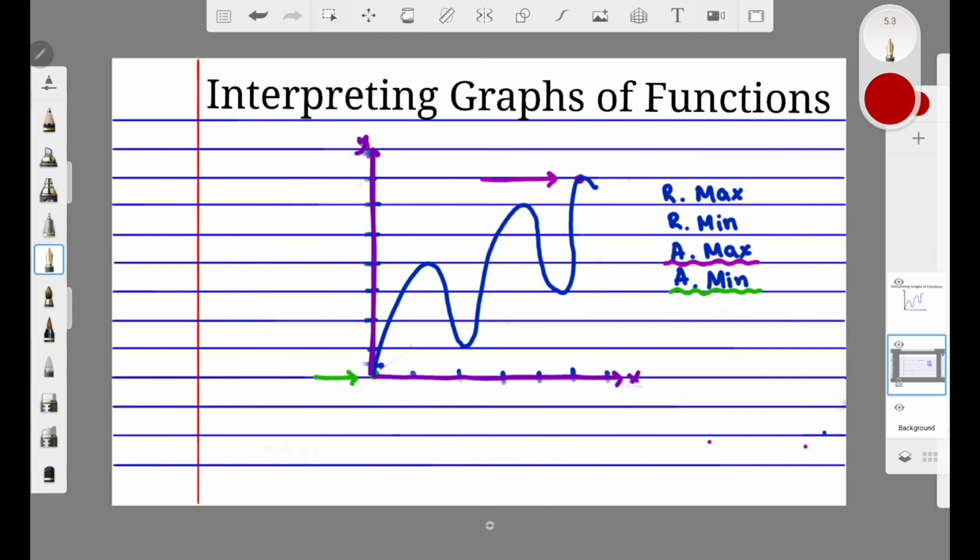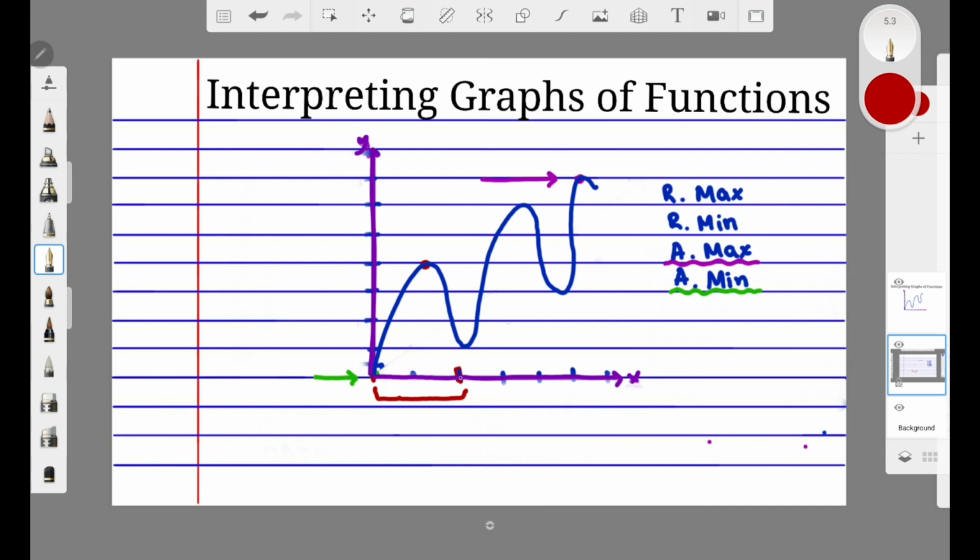Okay, those were easy. For relative maximum and relative minimum, we just need to find the greatest value of the function for a limited domain. So if we take, for example, 0 to 2, and look at just this part of the graph, we can see that there is a maximum, this point right here. So this would be a relative maximum.